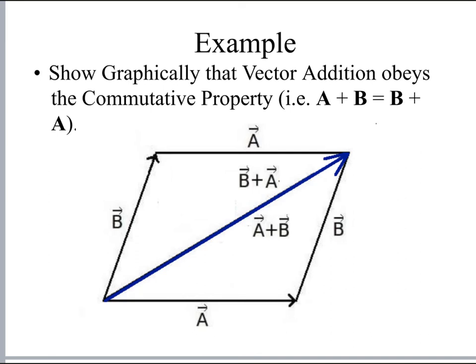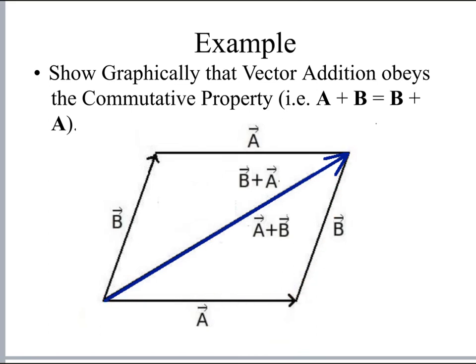Is that true for vectors? If I add two vectors A and B together, do I get the same result regardless of what order I add them in? It turns out, yes, you do. And it's really easy to show if I have two vectors A and B. So for example, I've got this vector A here and this vector B here, and I've left the arrow off the B vector there, but I've got them connected tail to tip.